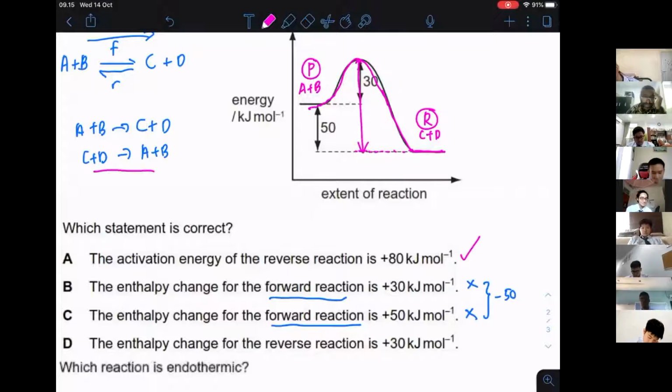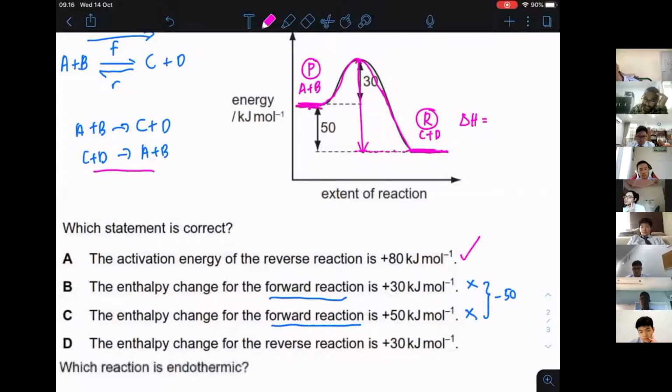But let's actually check for D. The enthalpy change for the reverse reaction, you see. If this is the reactant, lower energy to higher energy, what is your delta H for the reverse reaction? Delta H is not 80. From here to here, right?